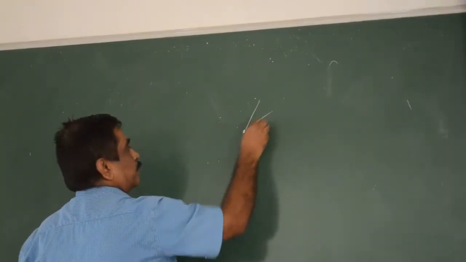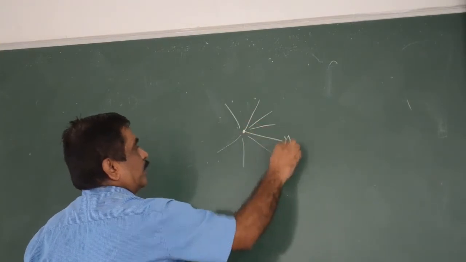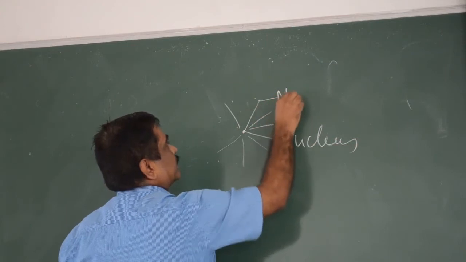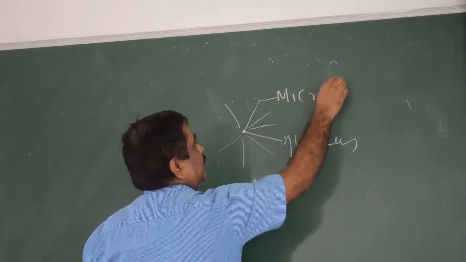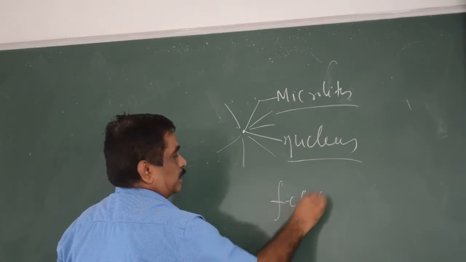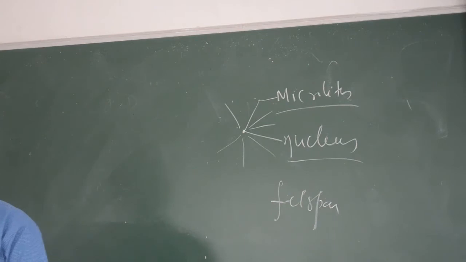The small nuclei from where this type of radial growth will be there. So this is a nucleus. These are microlites, mostly feldspar microlites. Depending on the melt composition, the minerals will be decided.